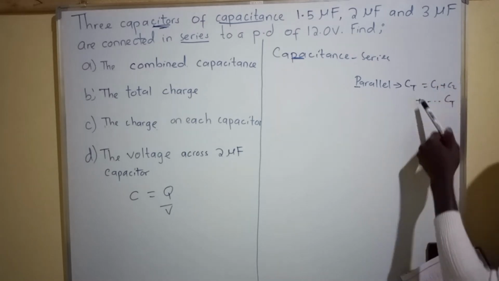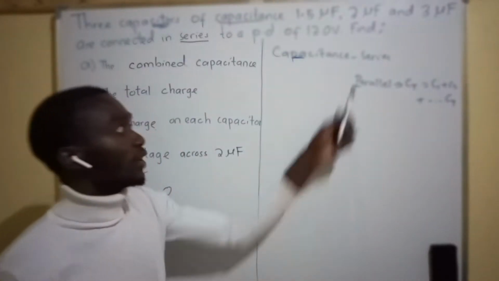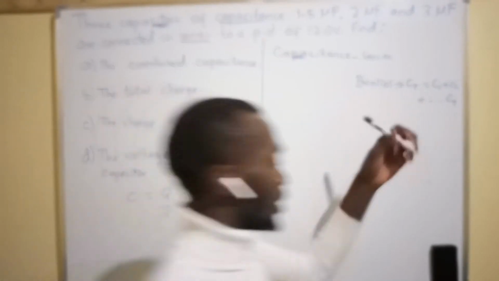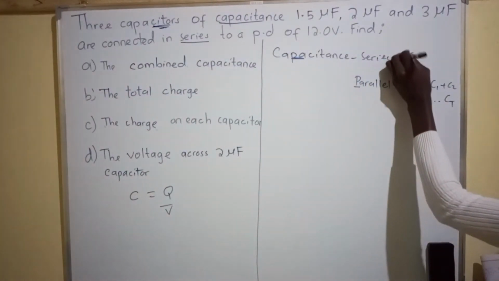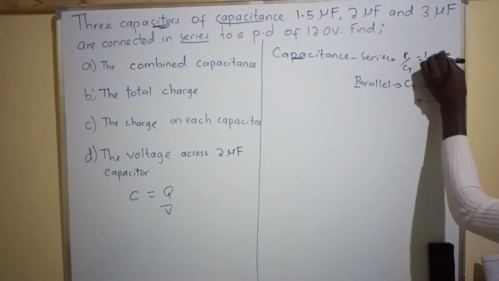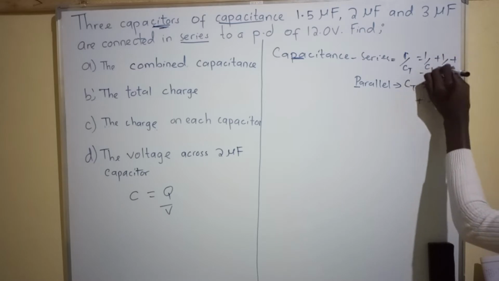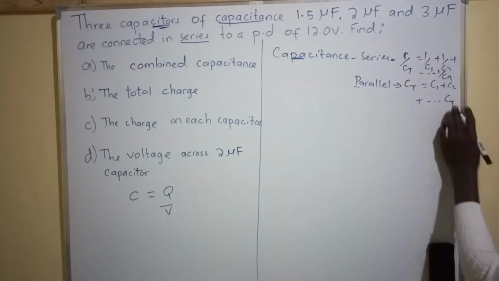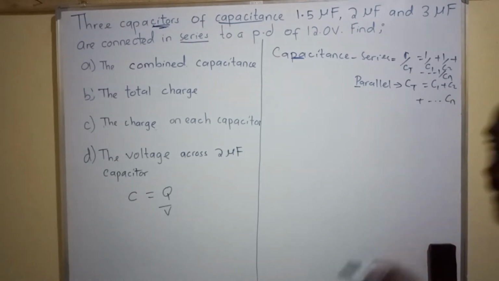Now it means that the other one will be the fraction one. So the effective capacitance in series will be 1 over CT is equal to 1 over C1 plus 1 over C2 plus, up to the last one, 1 over Cn.